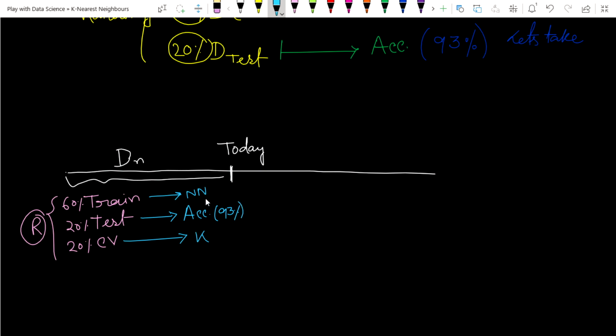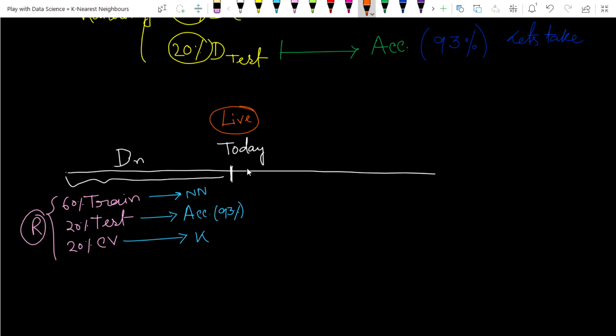Our manager says yes, your accuracy is right, you can now deploy your model, so our model goes live publicly.